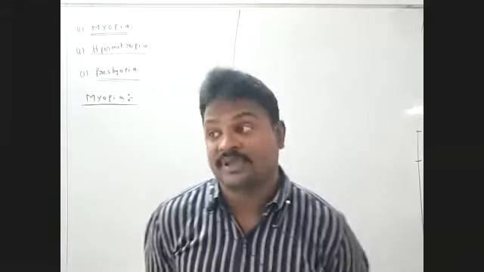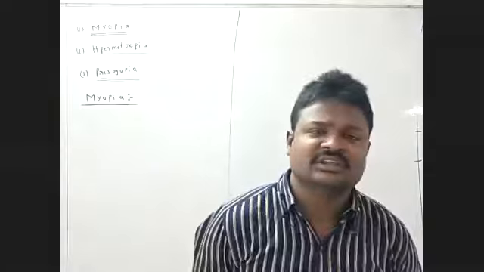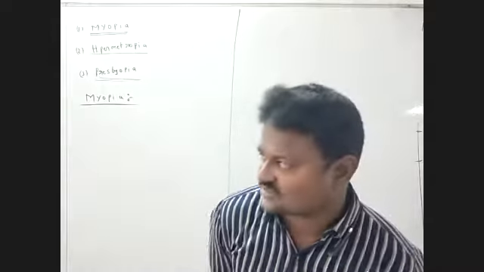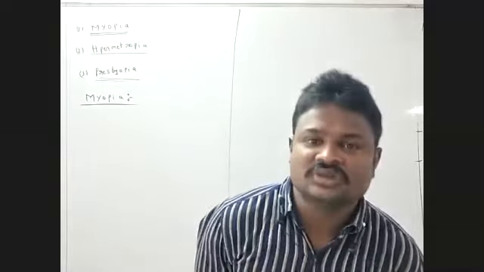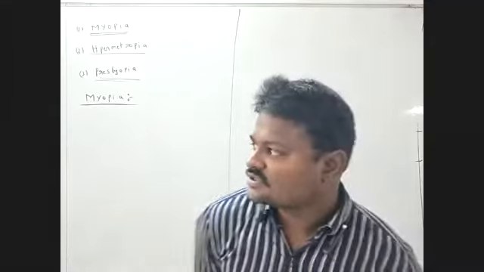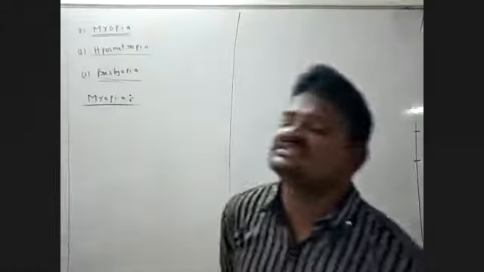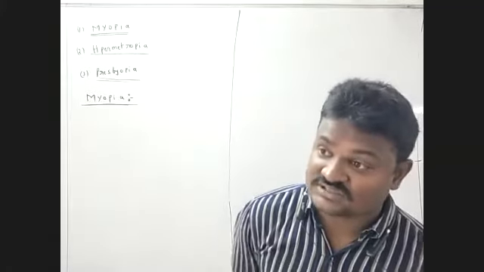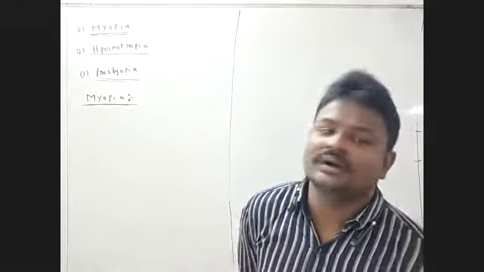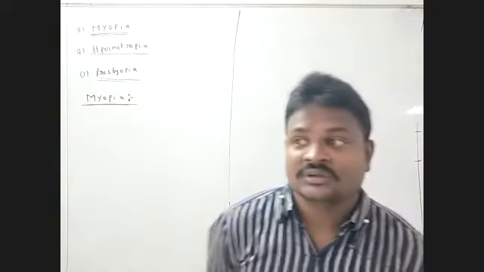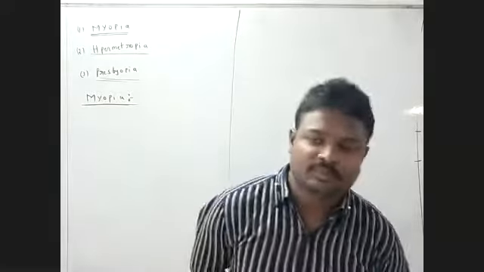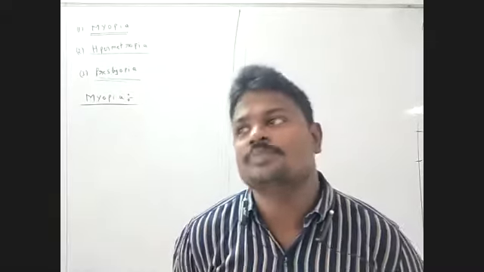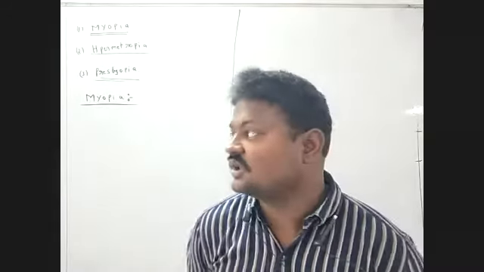Myopia. Suppose we take a healthy person. A healthy person is able to see the long distance as well as the near object very clearly. But I have the problem. What is my problem? I am not able to see the long object, but I can see the near object.